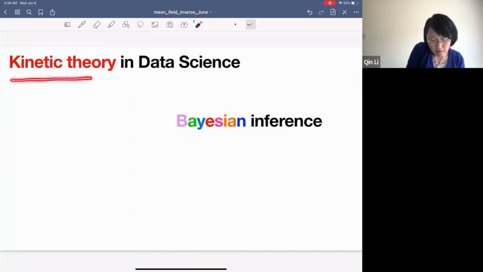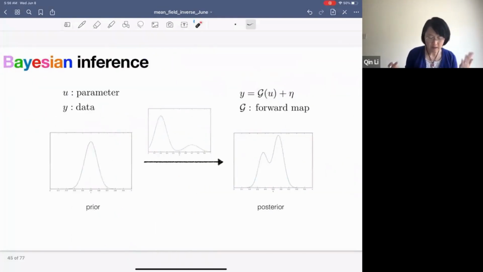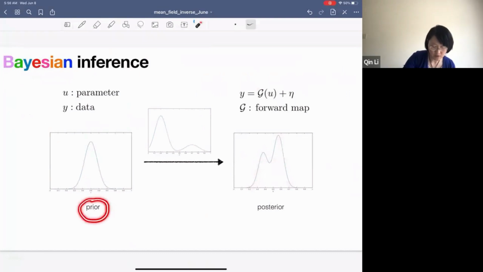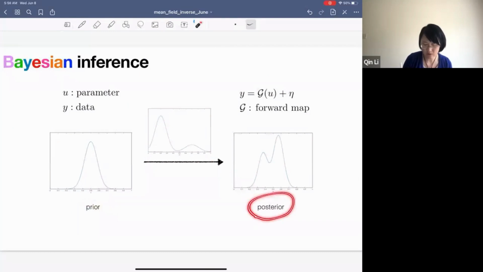And another example is to use a kinetic theory in Bayesian inference. As we said before, Bayesian inference is to find a target distribution, is to find particles according to the target distribution. Bayesian itself says, I have a prior distribution and I multiply with some kind of likelihood function and I produce the posterior distribution.